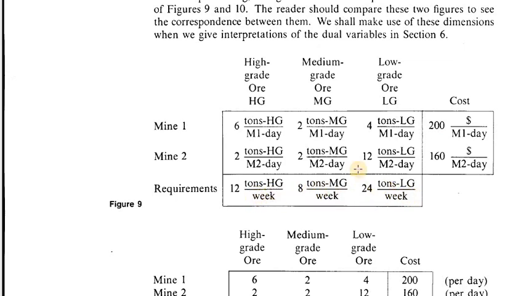Try to ignore the middle for a moment, but we have the units here. What are the units? This is $200 per day, which is required to operate mine 1, and that's what the M1 is. And this is $160 per day, which is required to operate mine 2.